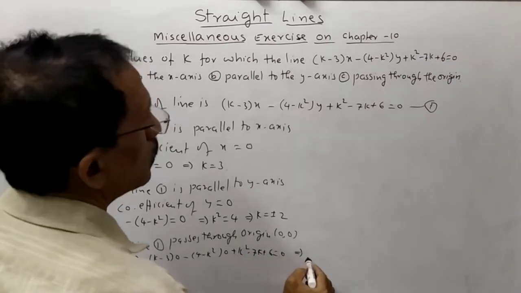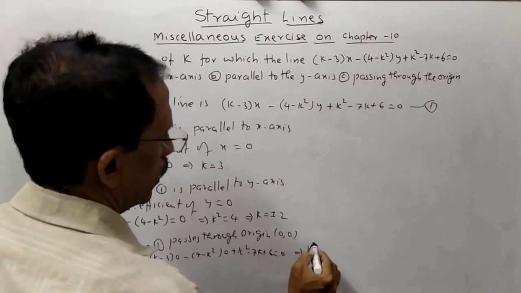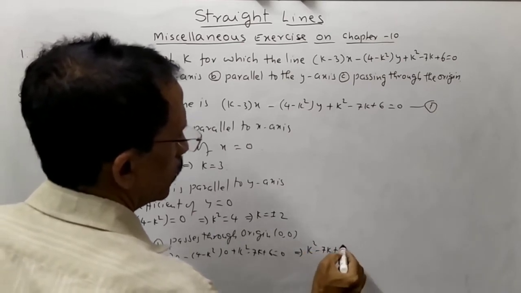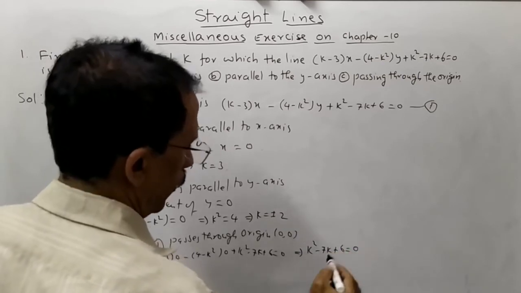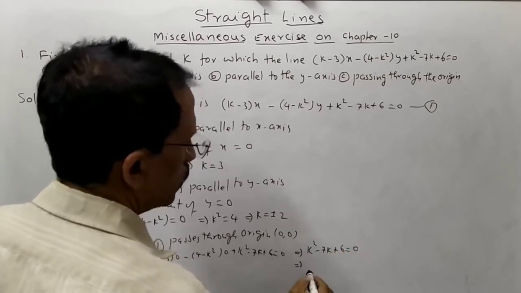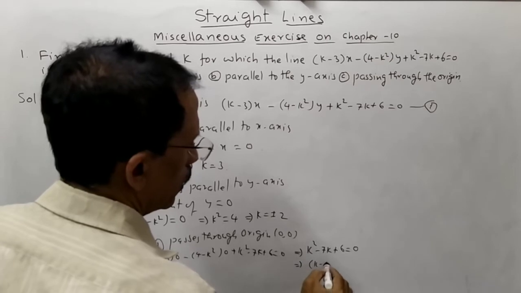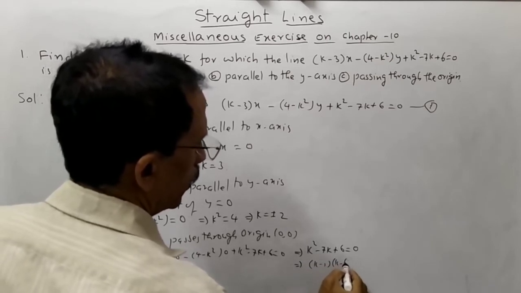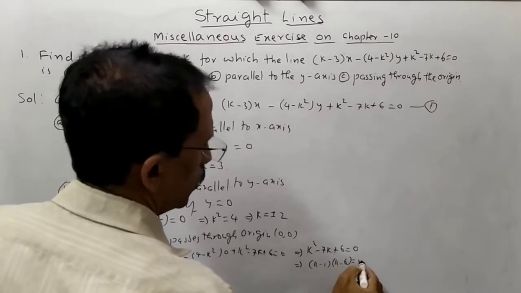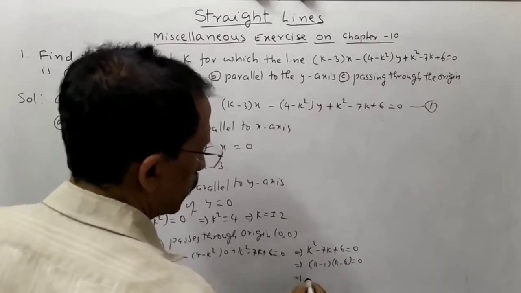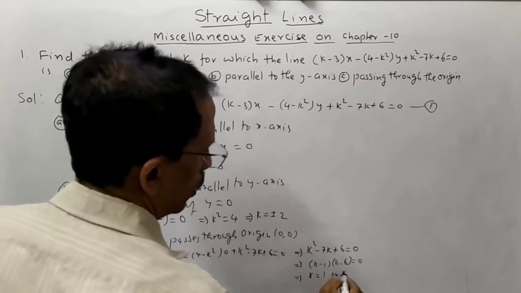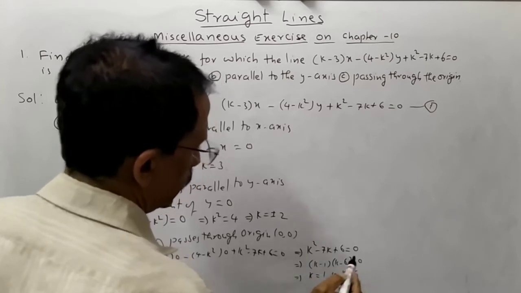This implies k square minus 7k plus 6 is equal to 0 implies (k minus 1) into (k minus 6) is equal to 0 implies k is equal to 1 or k is equal to 6.